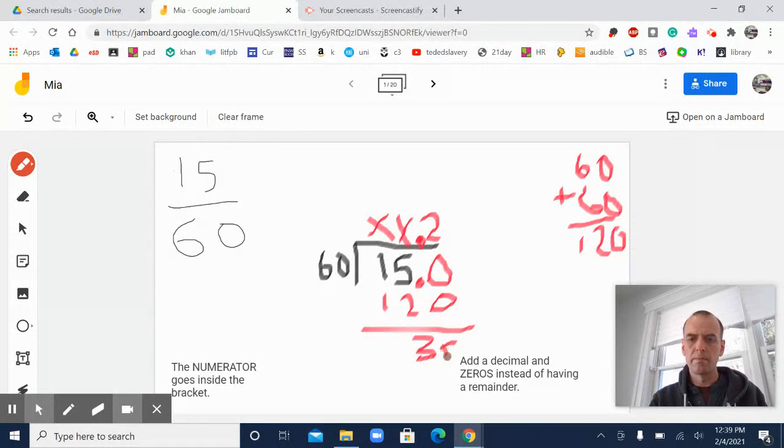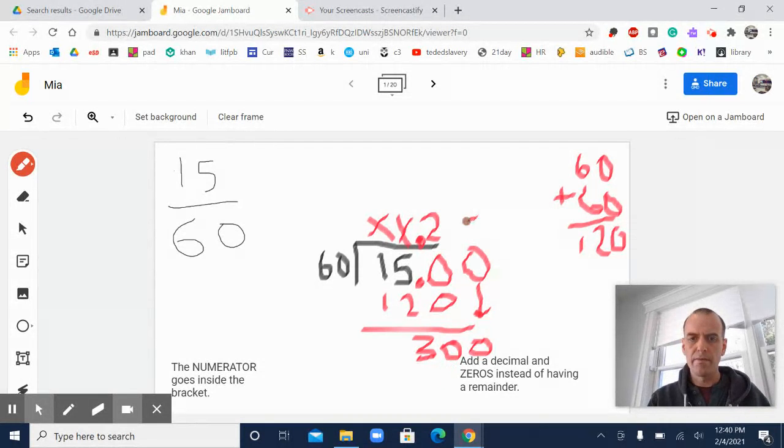Okay, but still, I do not want a remainder. I don't want this 30, so I'm going to add another 0 to the original number, and I'm going to bring it down and make it 300. Does 60 go into 300? Well, I know 6 times 5 is 30, so 60 times 5 would be 300.